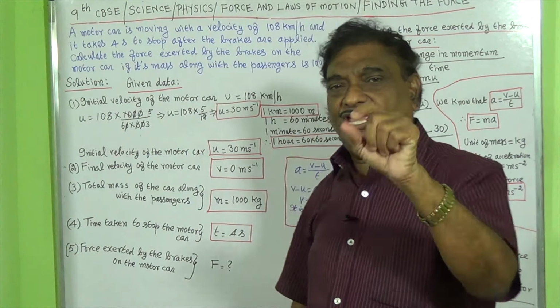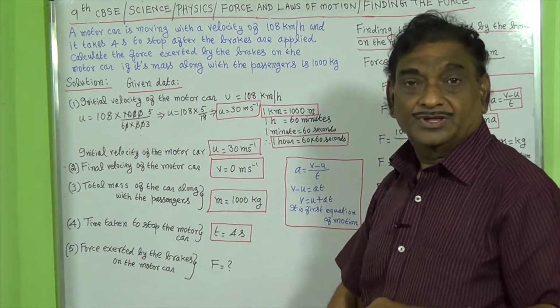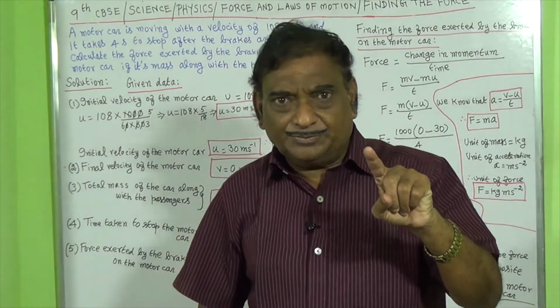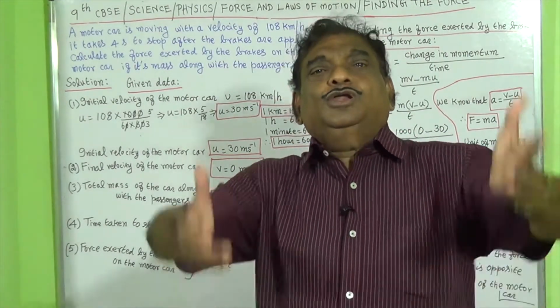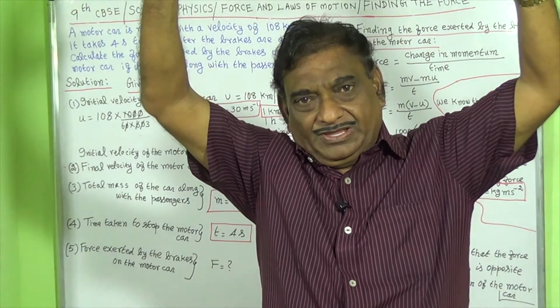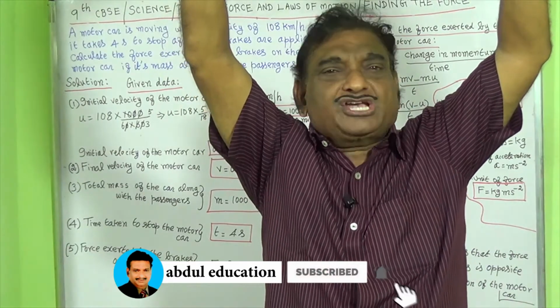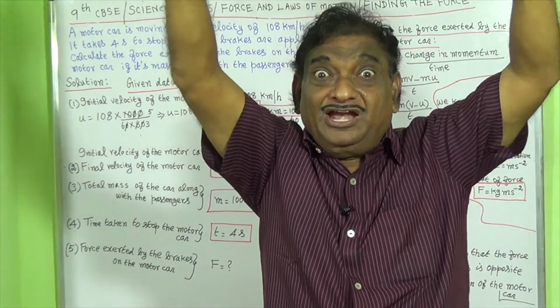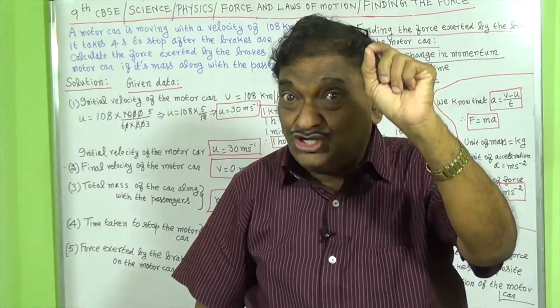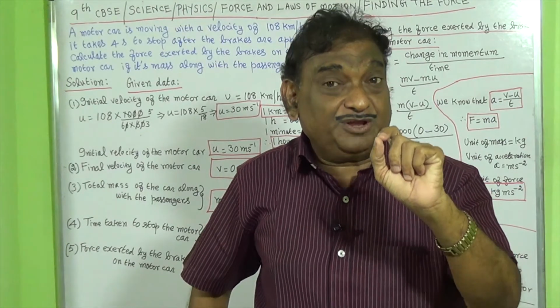So we are taking the final velocity v as 0. The second circumstance is when an object is thrown with a velocity, it goes upwards and reaches the maximum height. At that time, the final velocity will be 0. So remember this information.